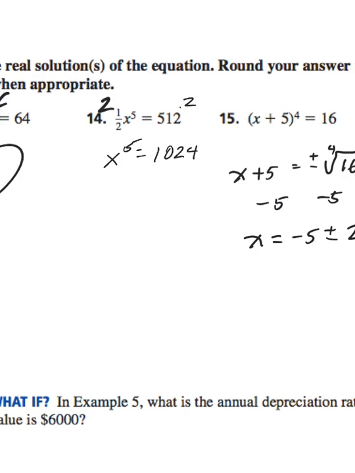The fifth root of 1024 is 4. You're just taking both sides to the 1/5 power. You can put it right in your calculator, make sure you put the parentheses in, and you get x equals 4. Nicely done, guys.